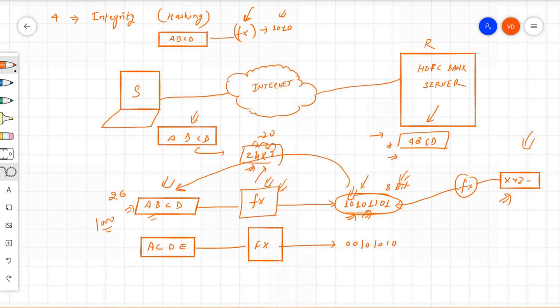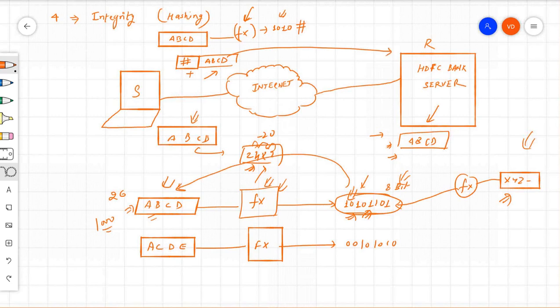So what I am going to do is, along with this ABCD, I will attach this hash value, and I'm calling it hash. I'm not writing 1010, I'm writing it as hash. So instead of sending ABCD, I will be sending ABCD plus hash to this guy.